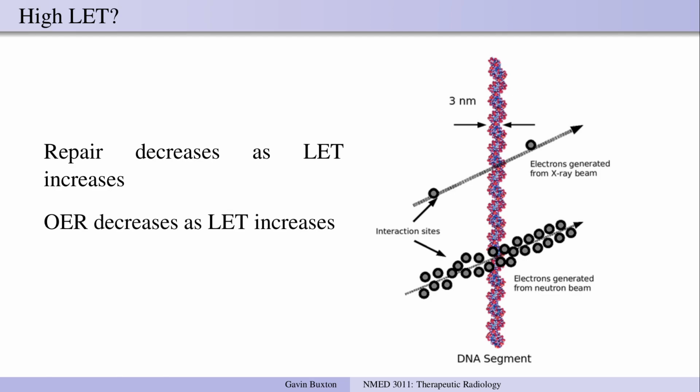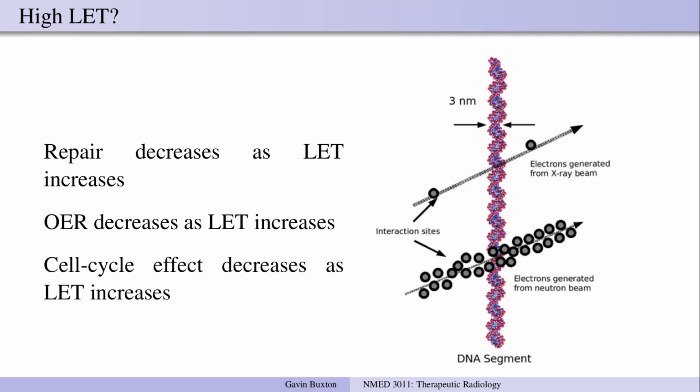Hypoxic cells are susceptible to high LET radiation, and this isn't the case as much with low LET radiation. And we've talked a little bit about the cell cycle effect, but when it comes to high LET radiation, this just isn't a factor.